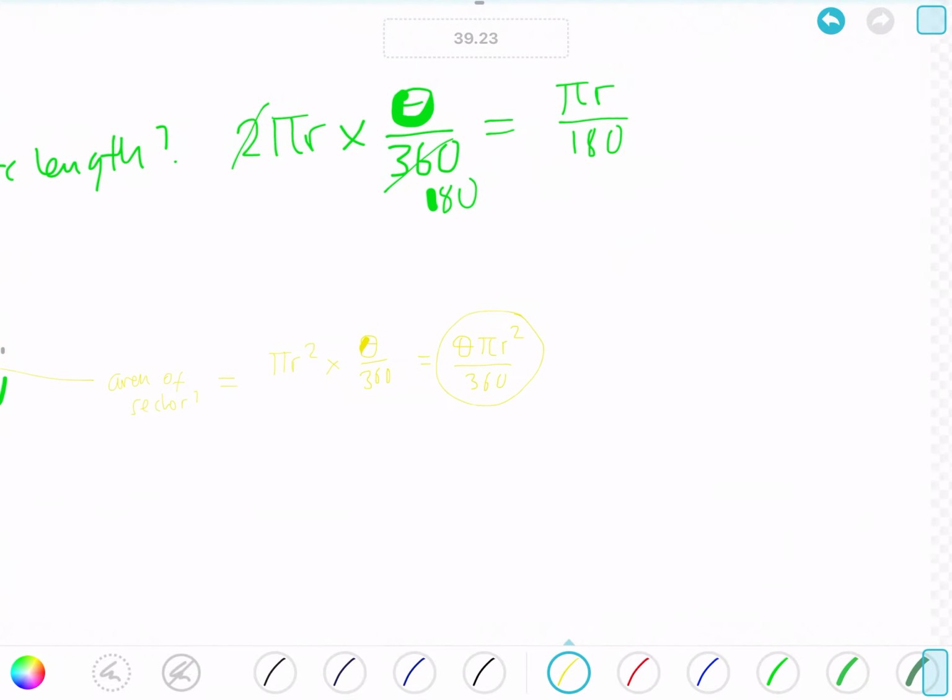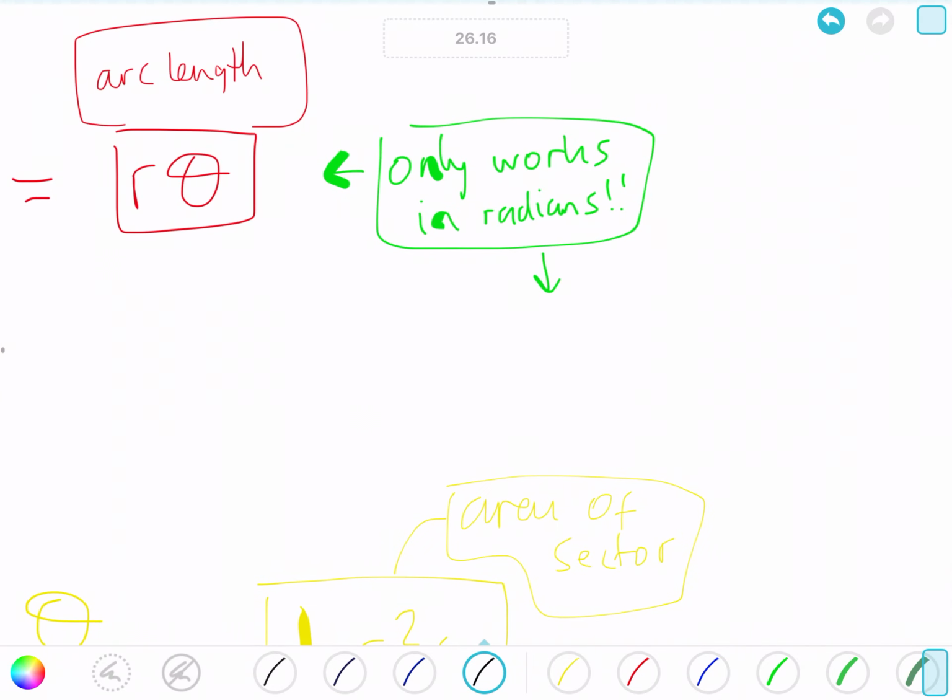We only ever use radians when we do this type of question. So we never ever use the degree versions anymore. Don't use degrees. Never use these. Only use the radian version, because that's what's going to come up in your exam. So only use radians from now on.